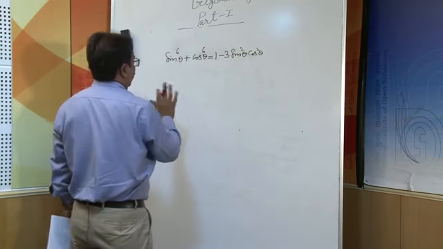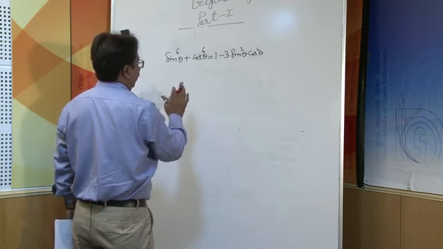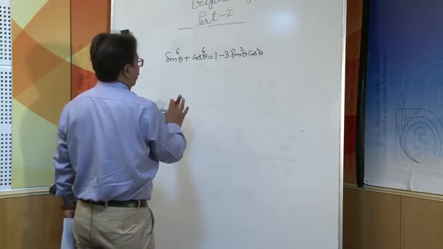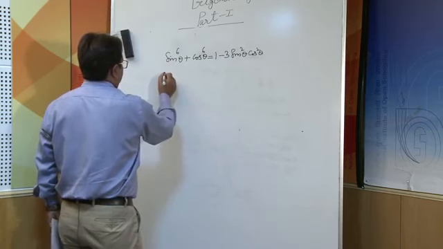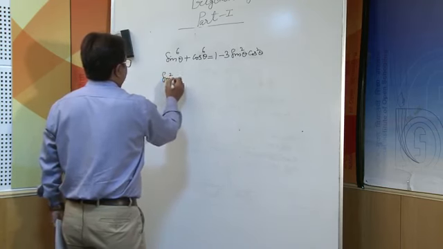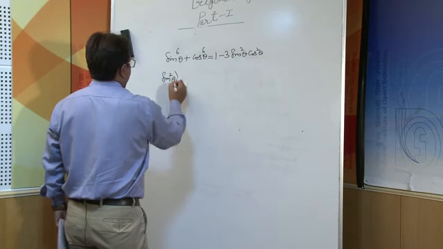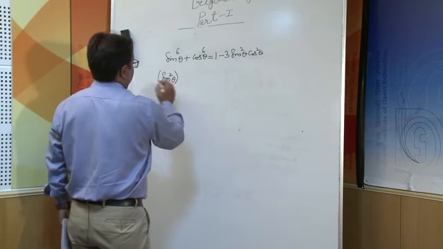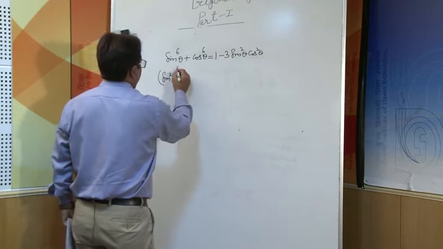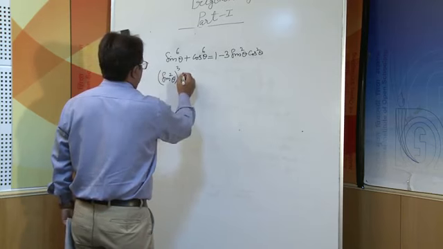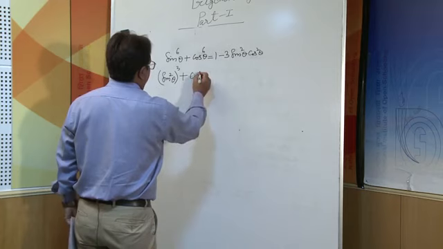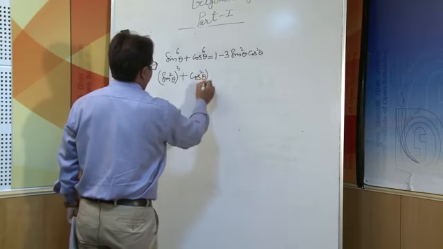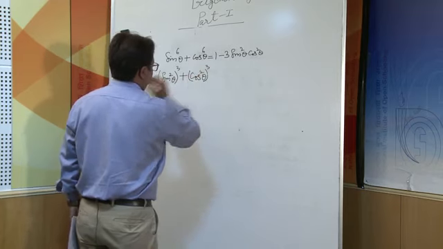Now, we have to think of which trigonometric identity can be used here to prove this result. Here I can write down sin raised to power 6 theta as sin square theta whole cube. Likewise, cos raised to power 6 theta can be written as cos square theta whole cube.